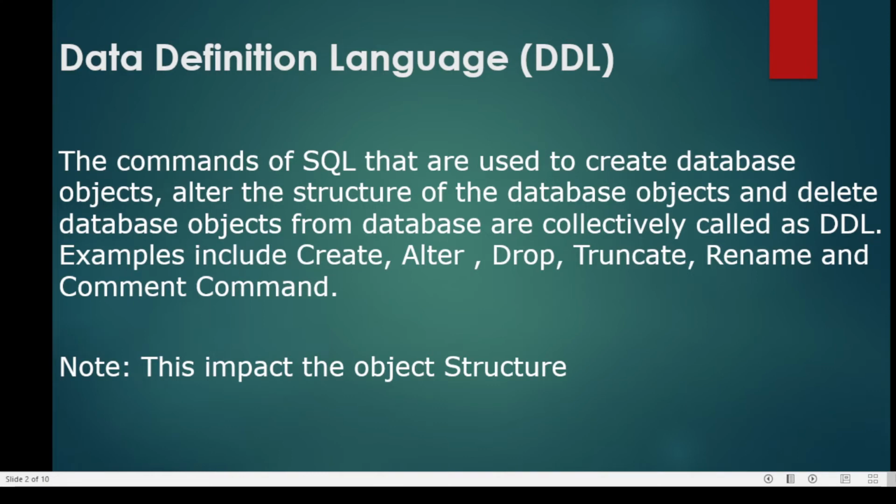So if you are changing the structure of an object, creating a new object, dropping an existing object, or modifying the structure of an object, whatever command is used is called data definition language. It impacts the object structure level.